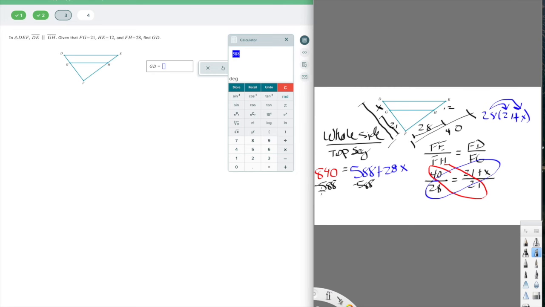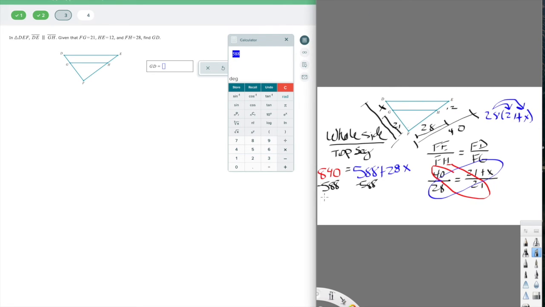All right, so we're going to have 840 minus 588, so we get 252 equals, 588 minus 588 cancels, and I have 28x. So I'm going to divide by 28 on both sides. Forgot to write it down. 9 equals, 28 divided by 28 cancels, so we have x.